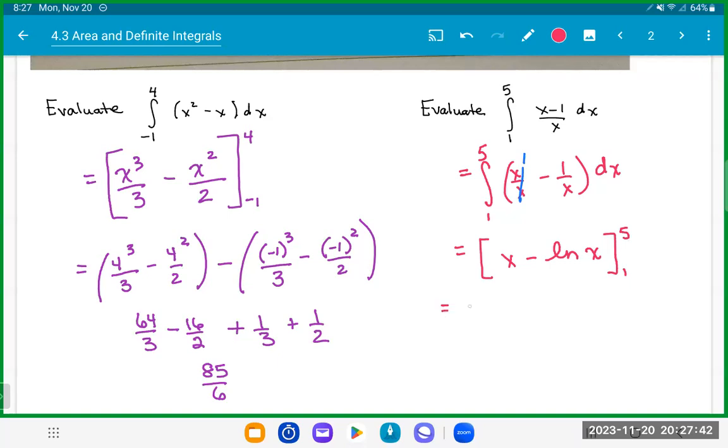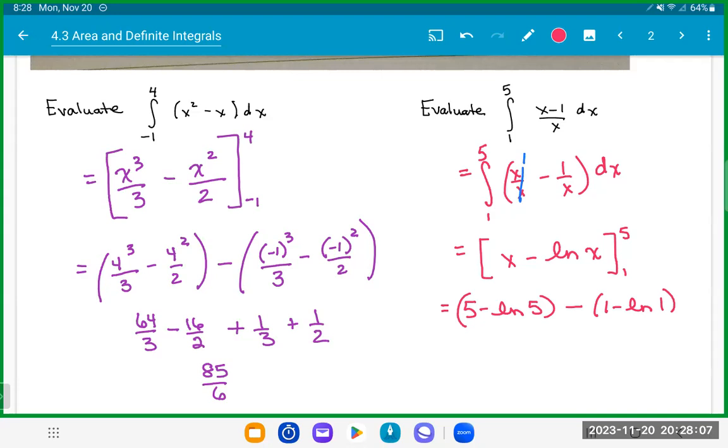So this gives me 5 minus ln of 5, minus 1 minus ln of 1. All I'm doing is substituting my top value, which is 5, in for all the x's, minus the bottom value in for all the x's.